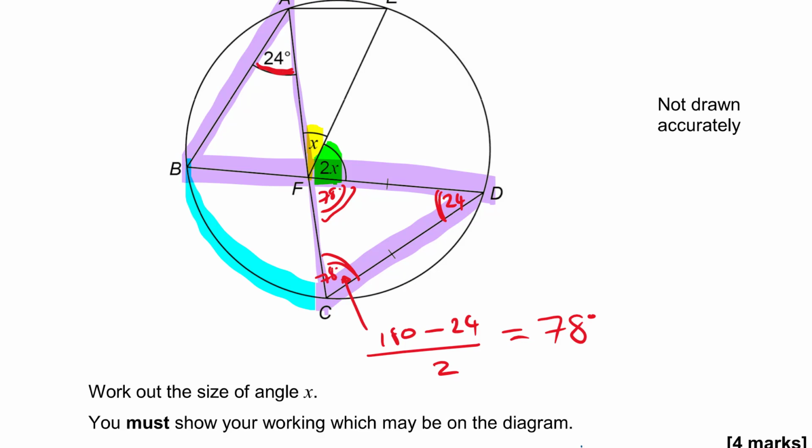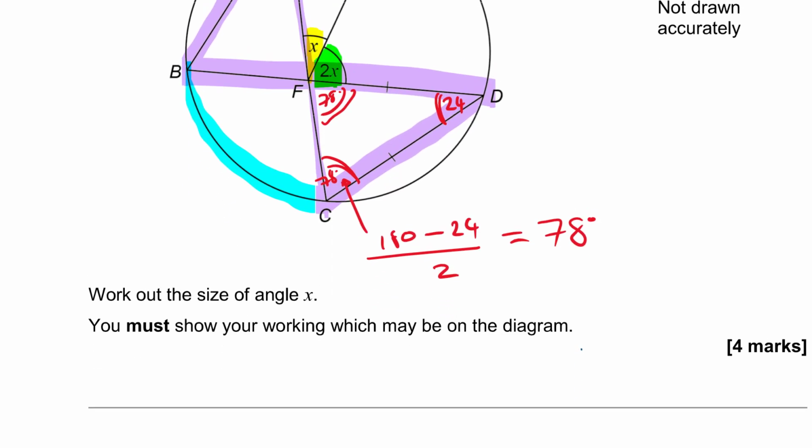Okay. Now, we were told earlier that AFC is a straight line, so we can use the fact that those three angles must sum to 180. So we know that x plus 2x plus my 78 degrees is equal to 180 degrees.